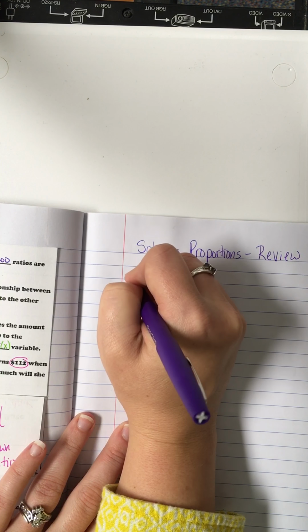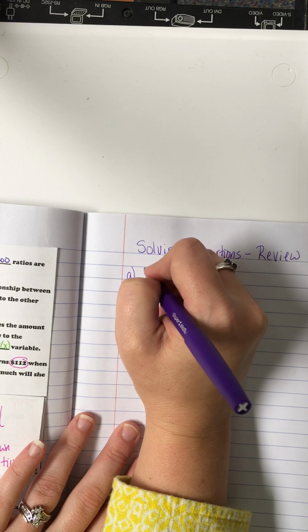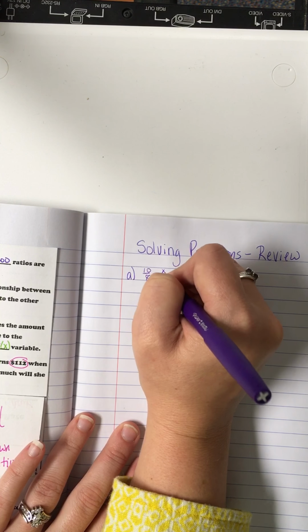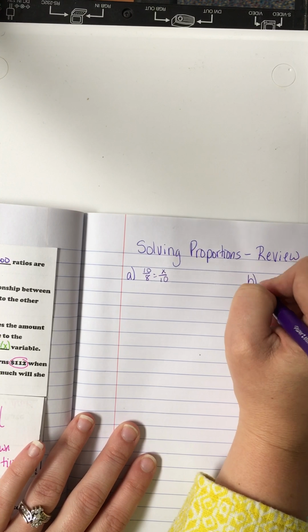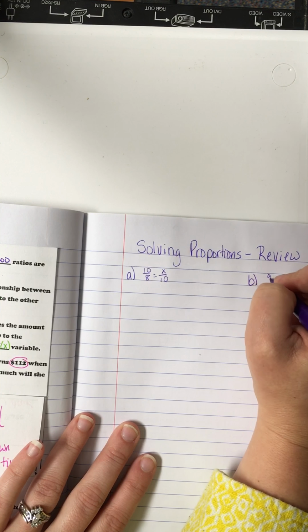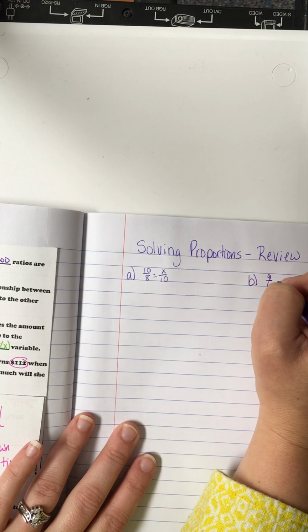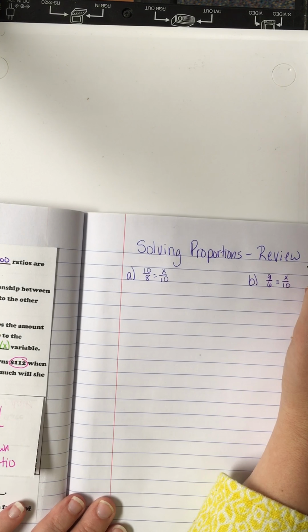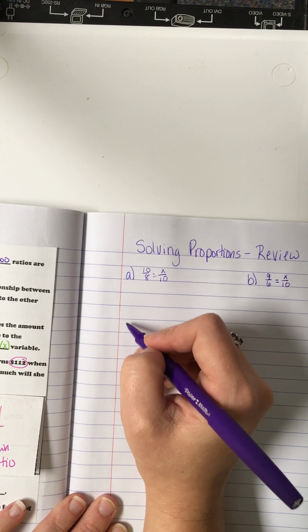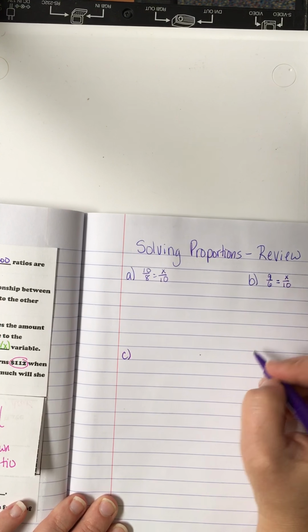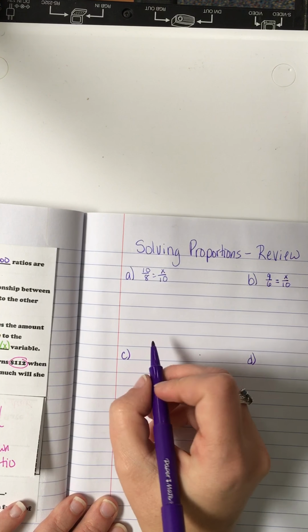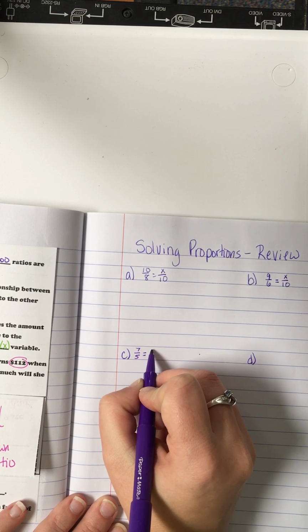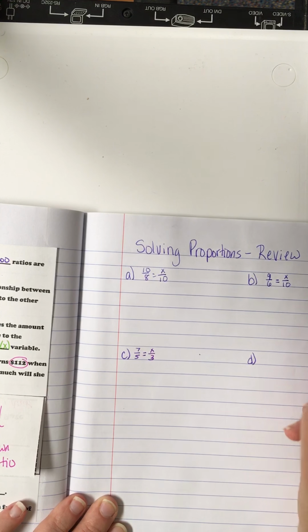All right, so for A, we're going to say 10 over 8 equals x over 10. For B, 9 over 6 equals x over 10. For C, 7 over 5 is equal to x over 3.